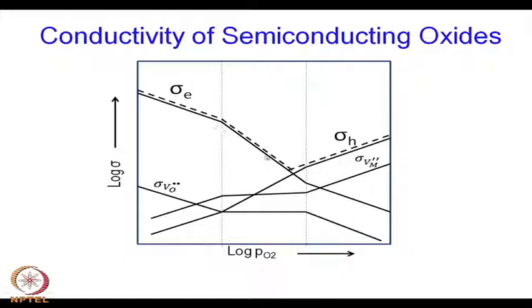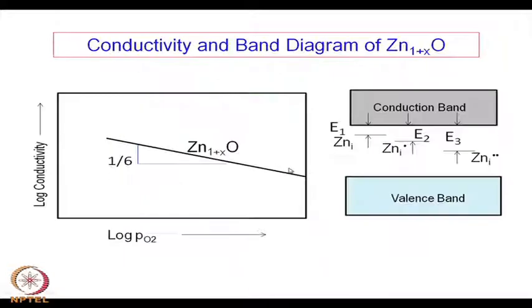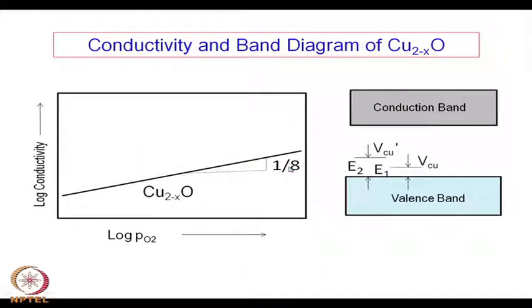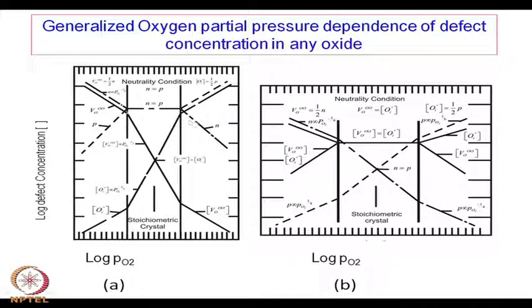However, they change their character at some intermediate PO2. Unlike the earlier diagram, you have a flat portion here where n is equal to p, that means it is an intrinsic semiconductor. In this PO2 range, it is an intrinsic semiconductor, and then it becomes an extrinsic semiconductor because of the vacancy creation or the interstitial creation on this side.